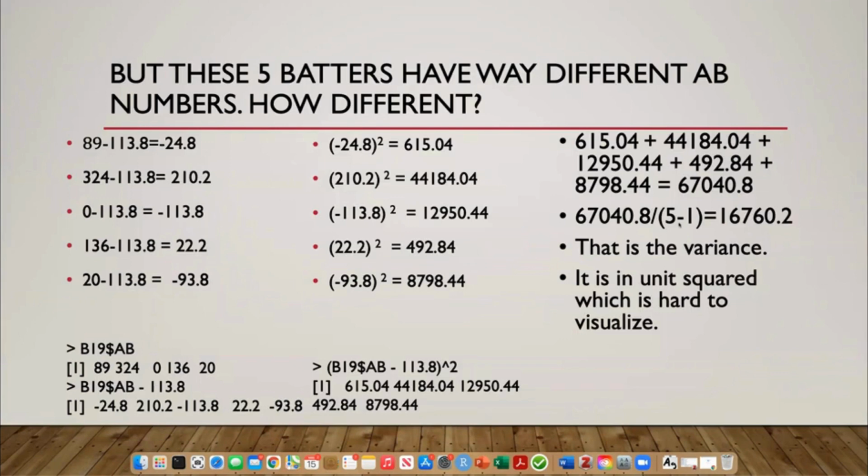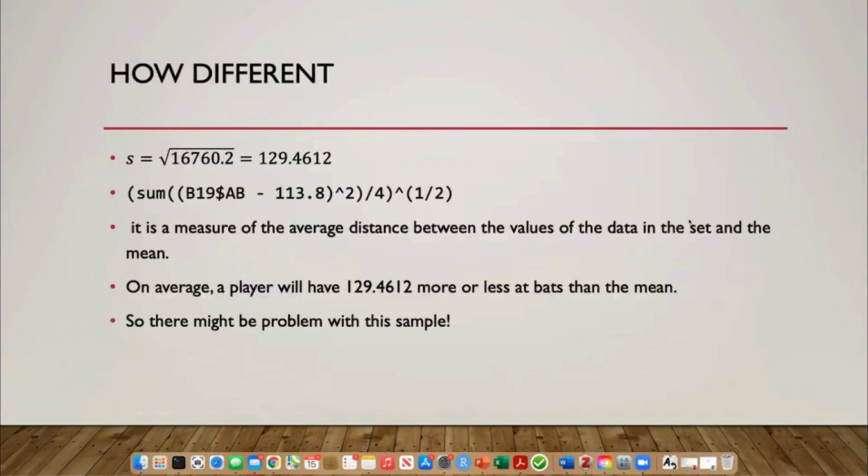It's in units squared, so at-bats squared, which is kind of hard to visualize. So what we can do is take the square root of that to find the standard deviation. And that is 129.46.